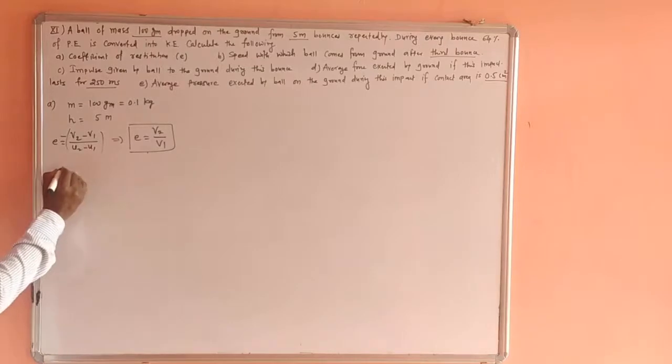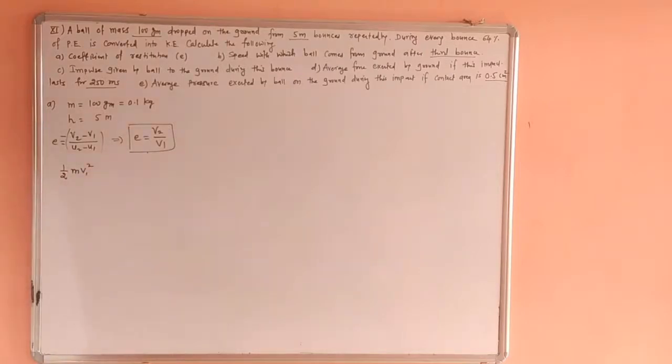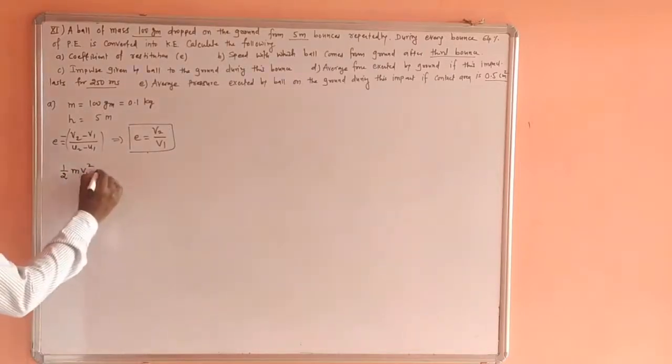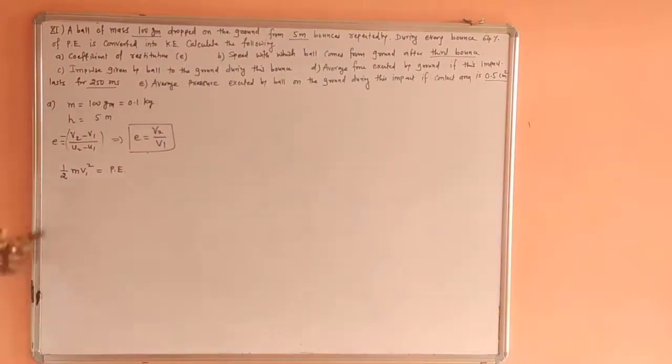So firstly, the kinetic energy of the ball when it is released is half m v1 square, and this kinetic energy is exactly equal to the potential energy. As we don't know the velocity, we can refer to this, that kinetic energy is exactly equal to potential energy because the ball is released from height 5 meter.